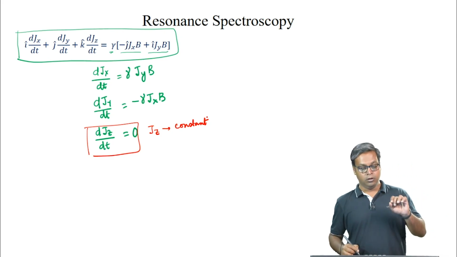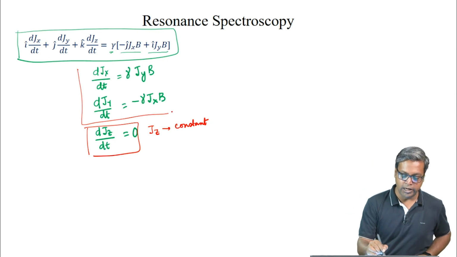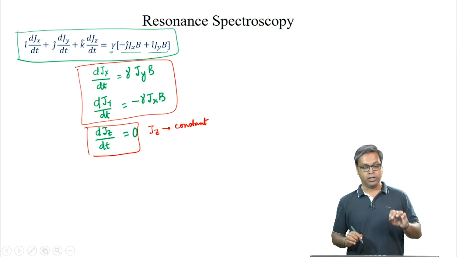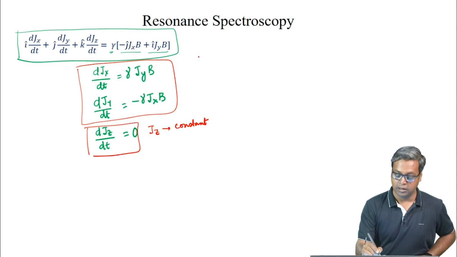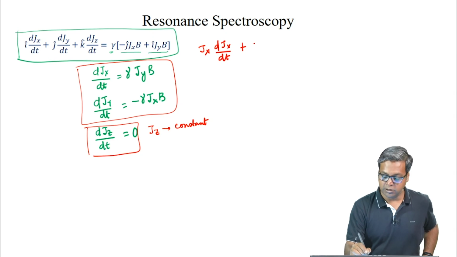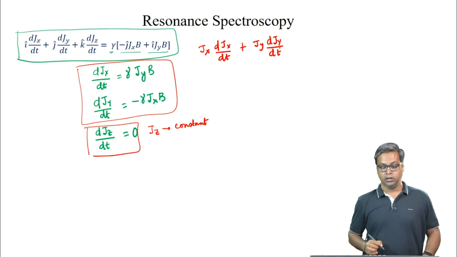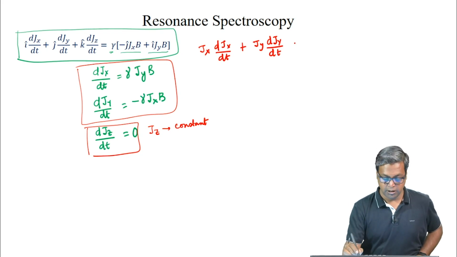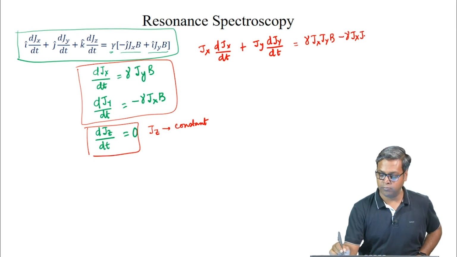Using these two expressions, we can write J_x dJ_x/dt plus J_y dJ_y/dt. So, it will be gamma J_x J_y B minus gamma J_x J_y B, which is equal to 0.